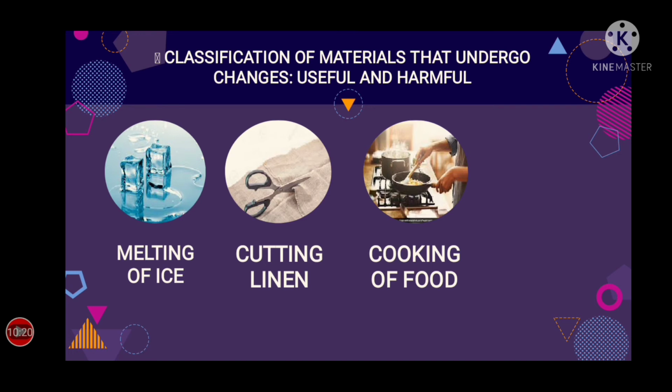Kasi, for instance, the substance ng isda, pinirito mo, the iron is still present in the fish that you are cooking. Same as with the vegetables. So that's what makes cooking of food useful.